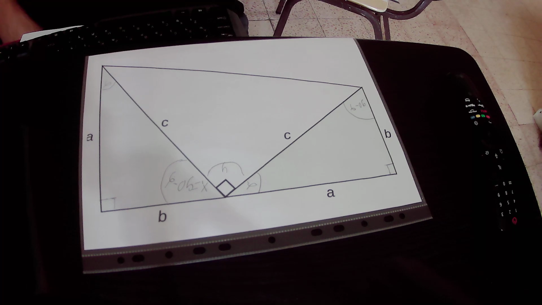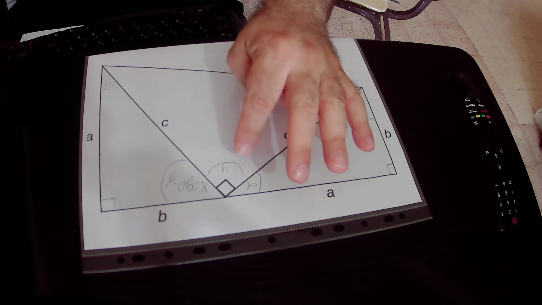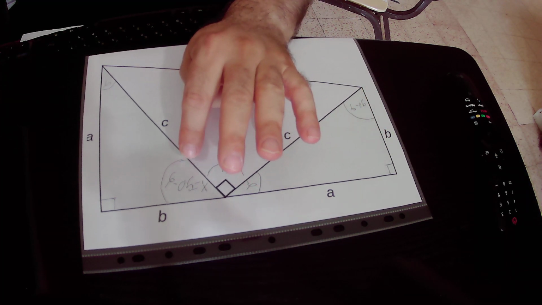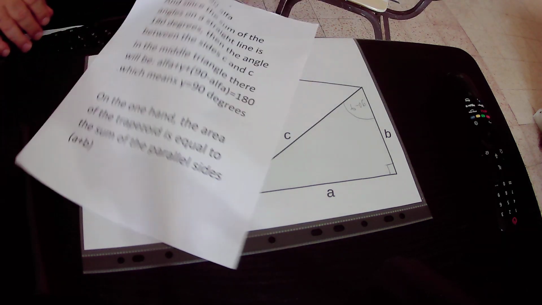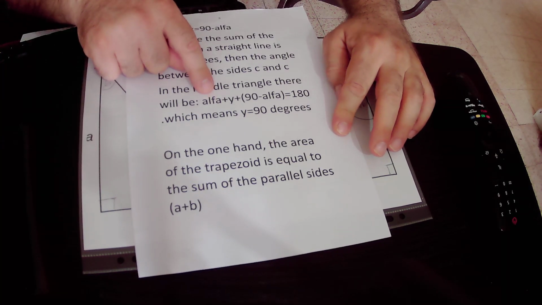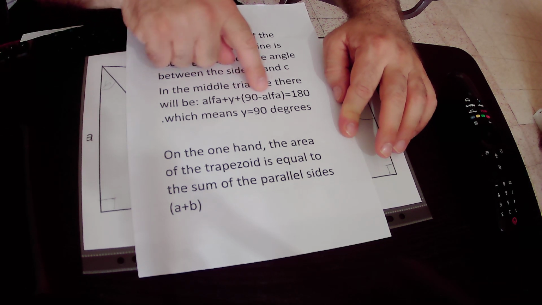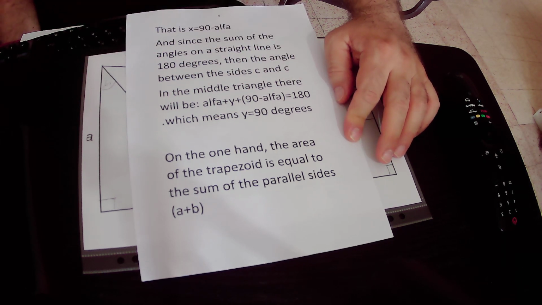So we can say that alpha plus y plus 90 minus alpha equals 180 degrees. As you can see here, alpha plus y plus 90 minus alpha is equal to 180 degrees.